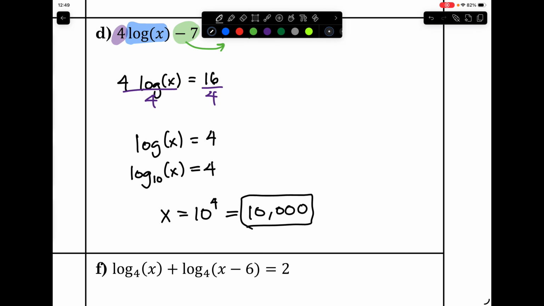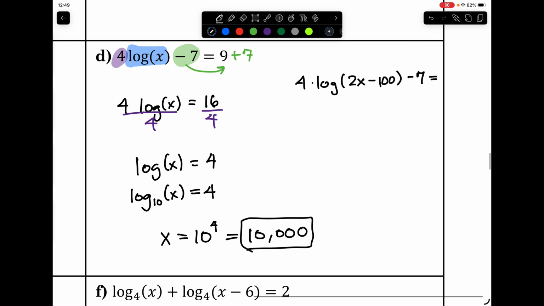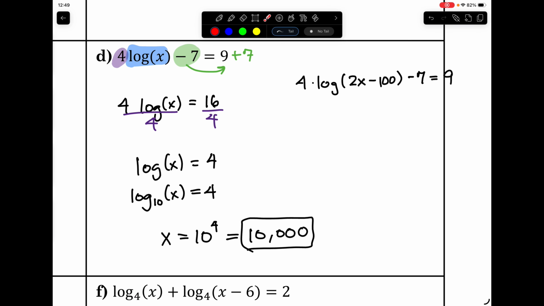Now, if you had more operations inside here, of course, you would have to solve the value for x. So let's say instead of 4 times the log of x, we had, you know what, we'll do 2x minus 100 minus 7 equals 9. Okay, so the same first two steps we'll do.